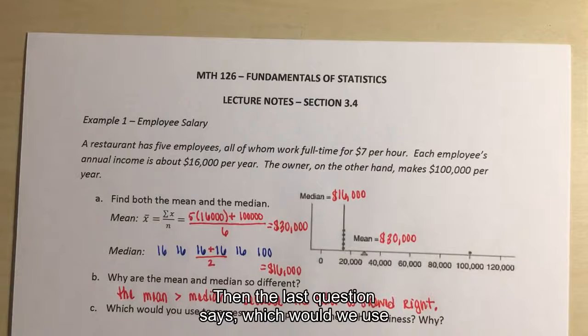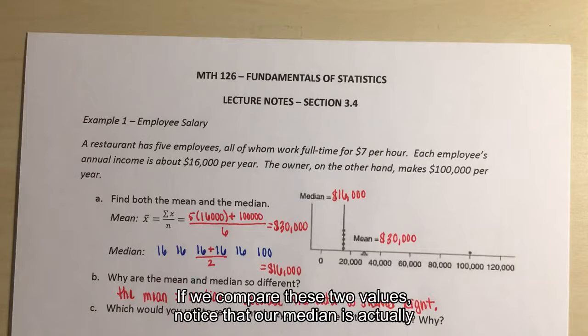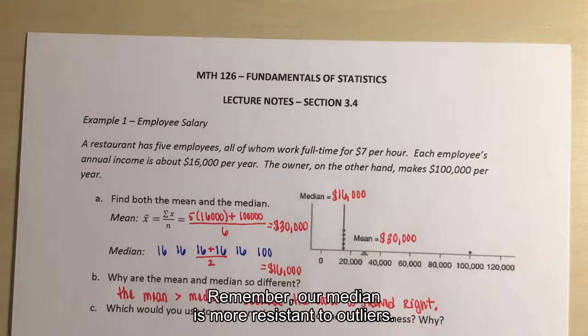Right, then the last question says, which would we use to represent the typical income of this business? Why? So if we compare these two values, notice that our median is actually the same as a lot of our data values here. Remember, our median is more resistant to outliers.